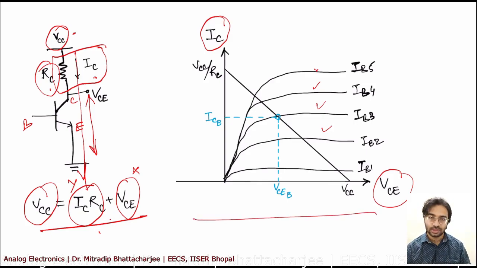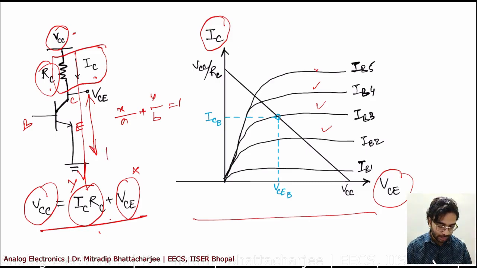How do you get the straight line? You just convert it to the form of x by a plus y by b equal to 1. For that purpose, just divide everything by VCC. So you will find 1 equals IC RC by VCC plus VCE by VCC.